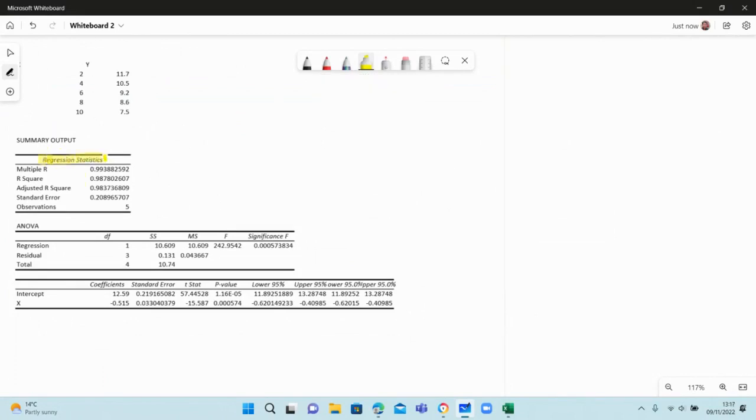So the regression statistics actually tell us about the level of linear relationship between the variable x and the variable y.